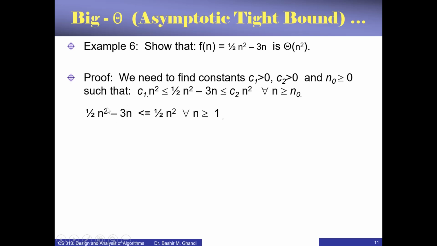Here we are subtracting 3n, on the right we didn't subtract, so definitely this is going to be bigger. And this is true for all n greater than or equal to 1. Therefore, we can easily find C2 to be half. Now remember, C2 and also C1 don't have to be whole numbers. All that is required is that they should be greater than 0. Well, half is greater than 0, so we have found C2.